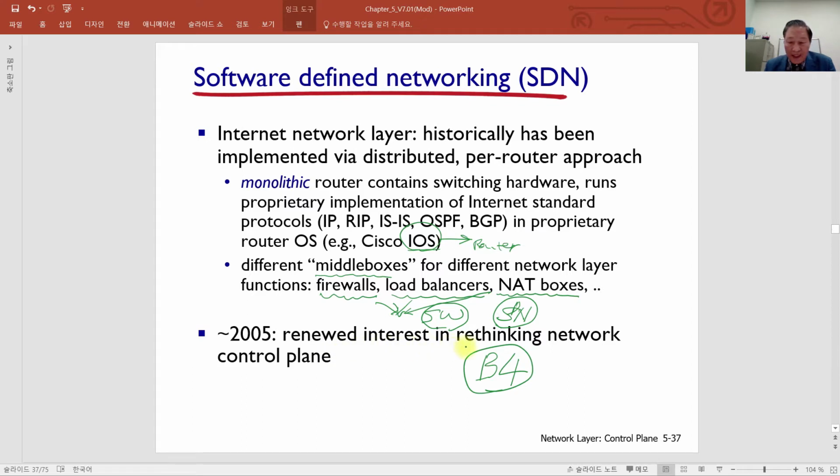There is renewed interest in rethinking the network control plane: how to simplify it and make it convenient to deal with, just using software and some common architecture in terms of networking and routing. Let's move to the next.